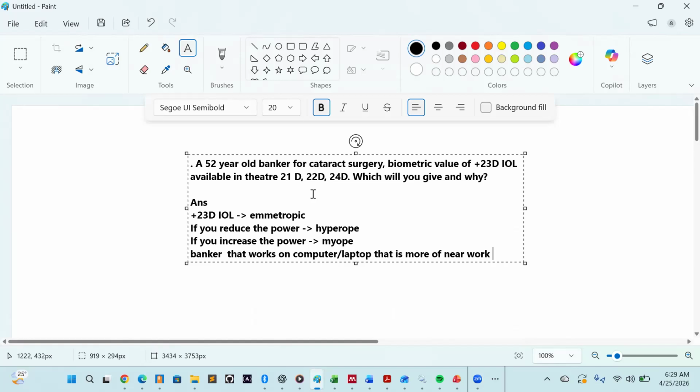If it's someone that does more distance work, like people who hop around a trade, you want to give something for distance vision, and then they use glasses for near. So that's why the correct answer will be 24, because a banker who works most of the time at near will find that better.